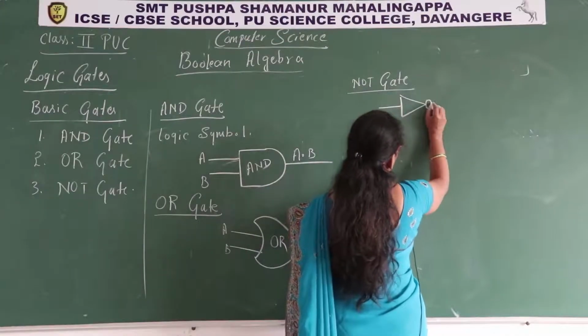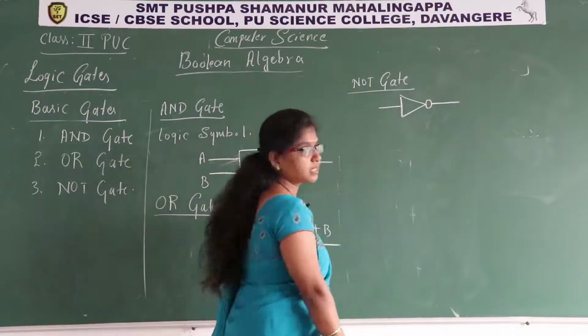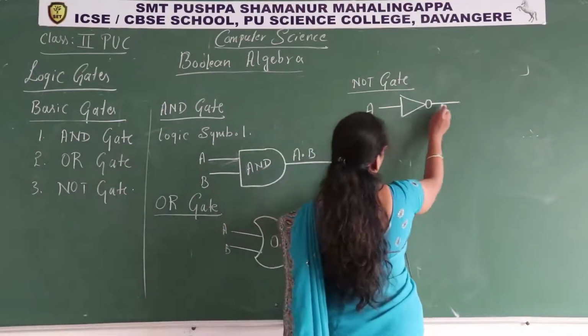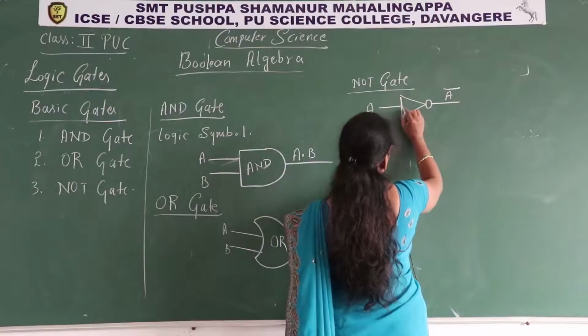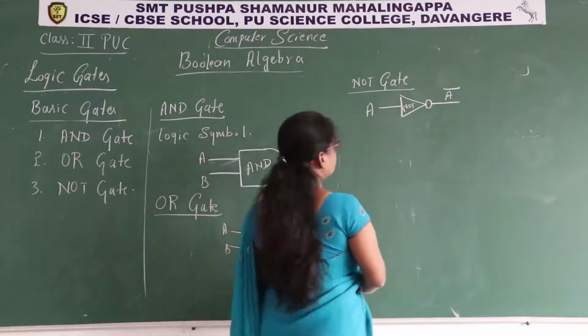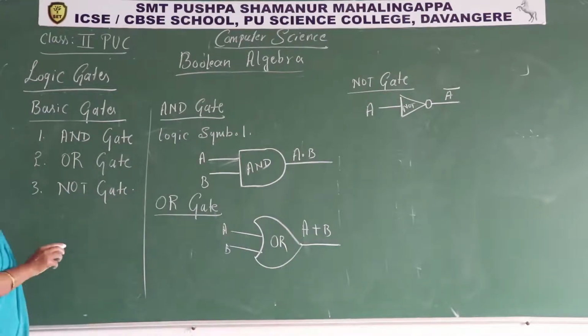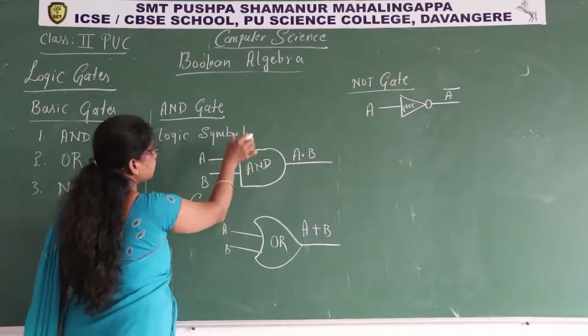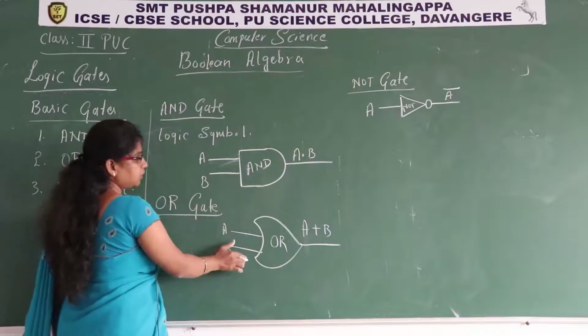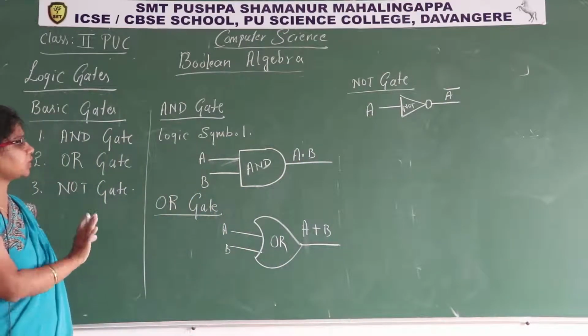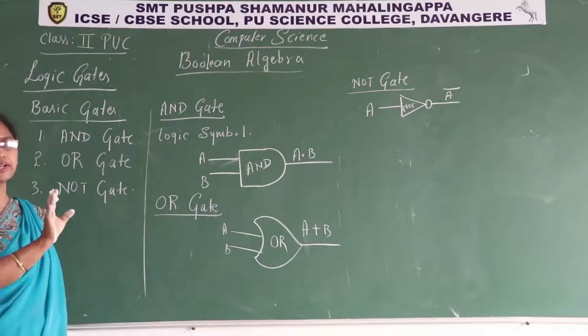So this is a bubble. This bubble we have to apply at the output side because it represents the negation. If input is A, output is A bar, NOT gate. So these are the logic symbol of these basic gates. And AND gate in the particular symbol, OR gate symbol and NOT gate symbol. So right now you need to remember what are the symbols of AND gate, OR gate and NOT gate.